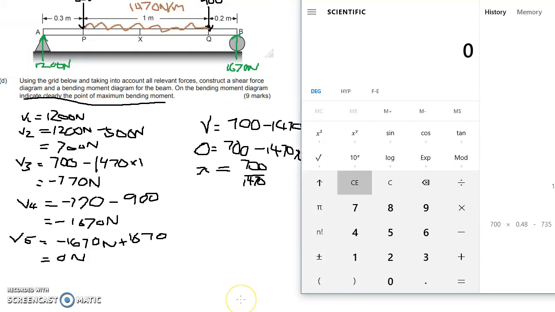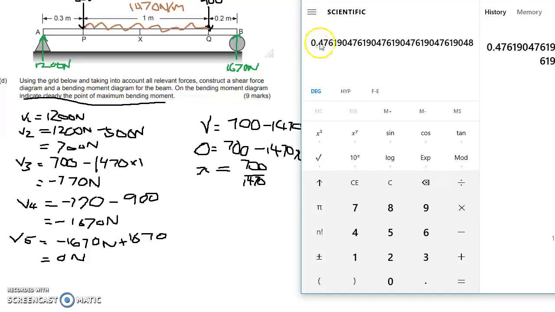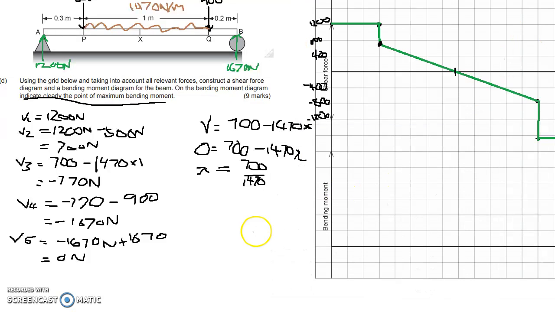which gives me 0.48. So the distance between here and our 0 value is 0.48.